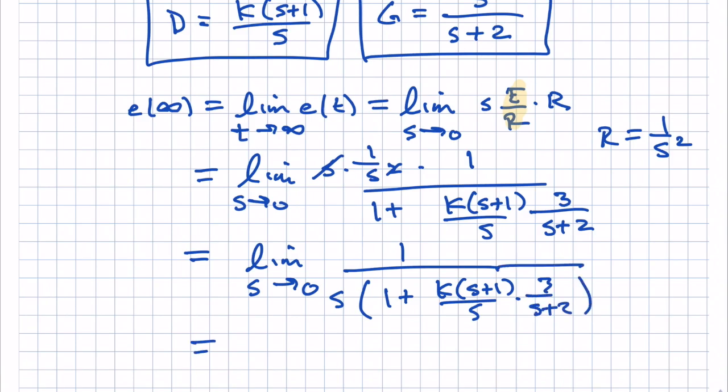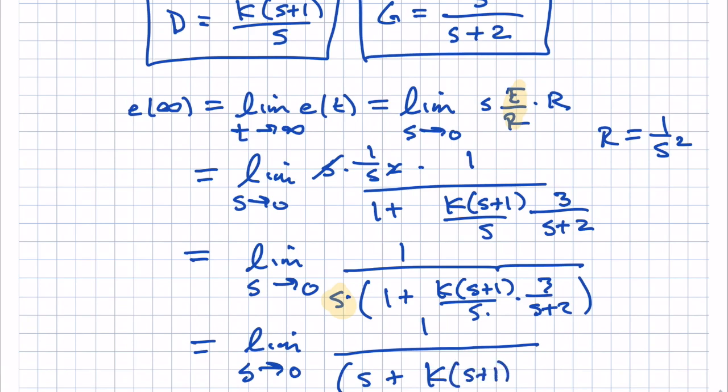And if we distribute this S through, we will get limit as S goes to 0 of 1 over S plus, and now this S cancels with this S, and so we would have a KS plus 1 times 3 over S plus 2.